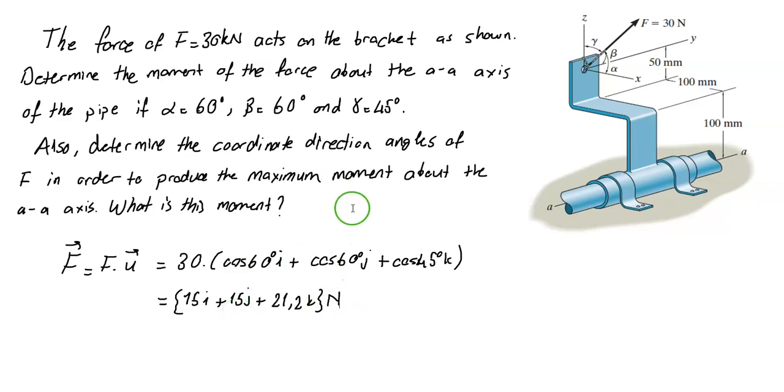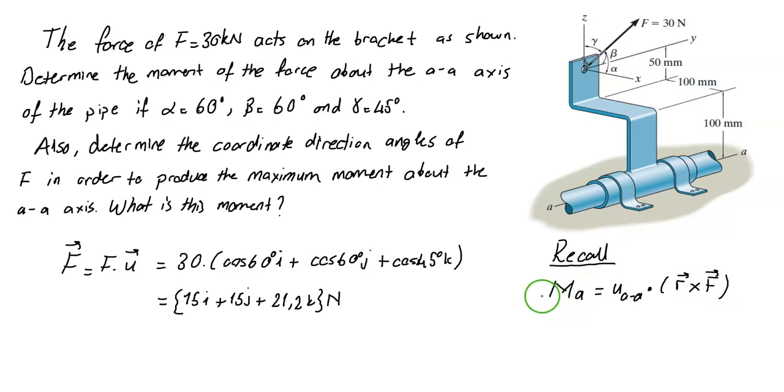Okay, and so we need a position vector. Let's recall, the moment about A will be equal to a unit vector along AA, dot product, a position vector cross product with F. Right, and this moment will be a scalar value.